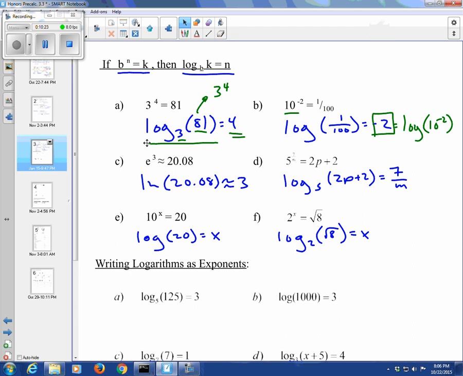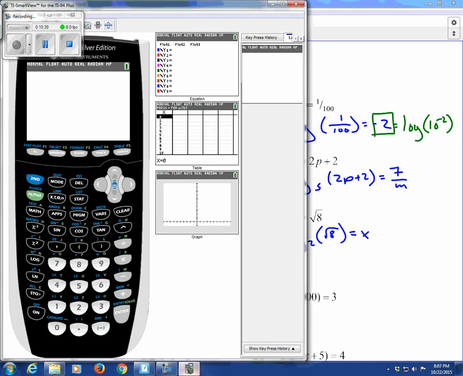So right here, e to the 3rd power is approximately 20.08. Now this is one where you can type it into the calculator. If we pull up our calculator, we can go to the natural log and evaluate 20.08, press enter, and we're getting something close to 3, not quite 3.